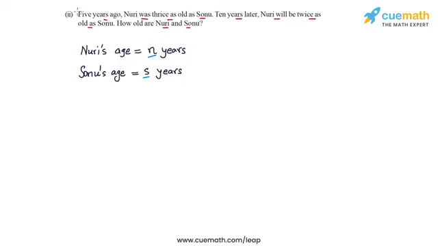Now the first piece of information says 5 years ago Noori was thrice as old as Sonu. So 5 years ago Noori's age would have been n minus 5 and Sonu's age would have been s minus 5, and Noori was thrice as old as Sonu. So n minus 5 should be 3 times s minus 5.